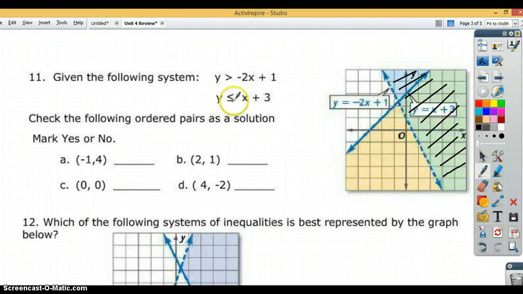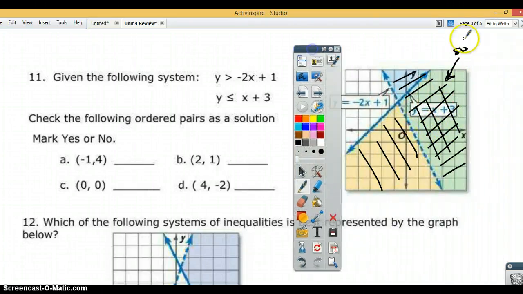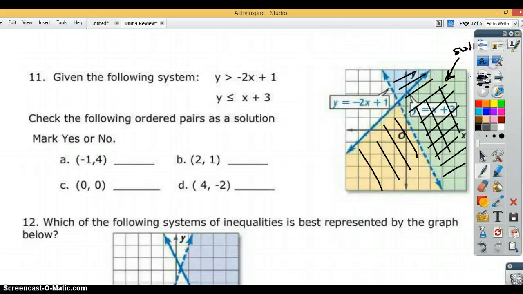Less than this one is this shading here, which means these are our solutions. So our solutions are here.